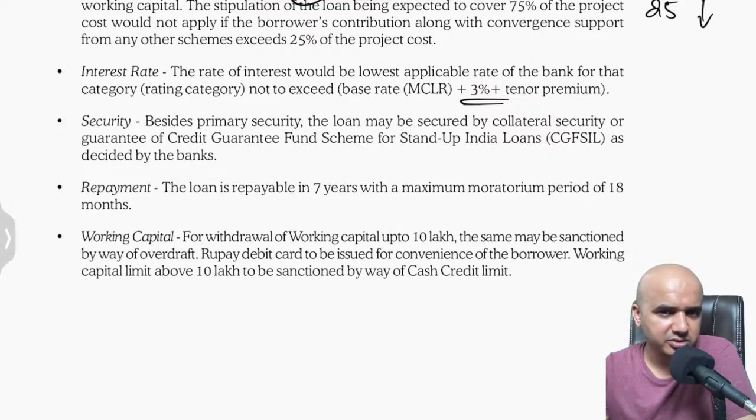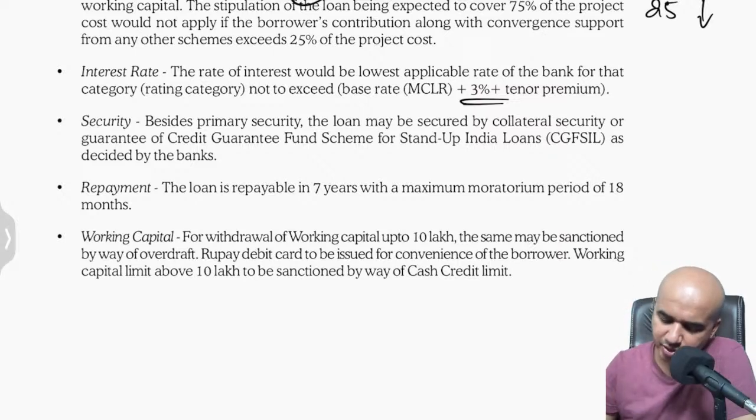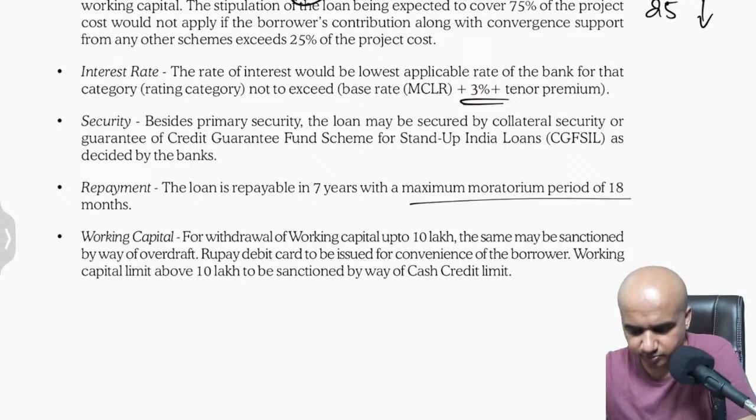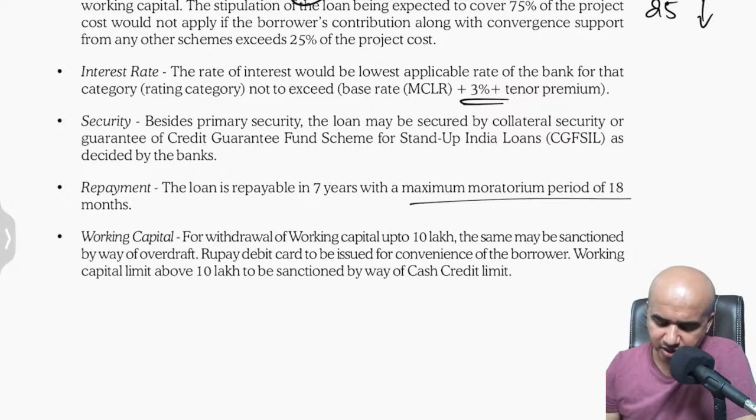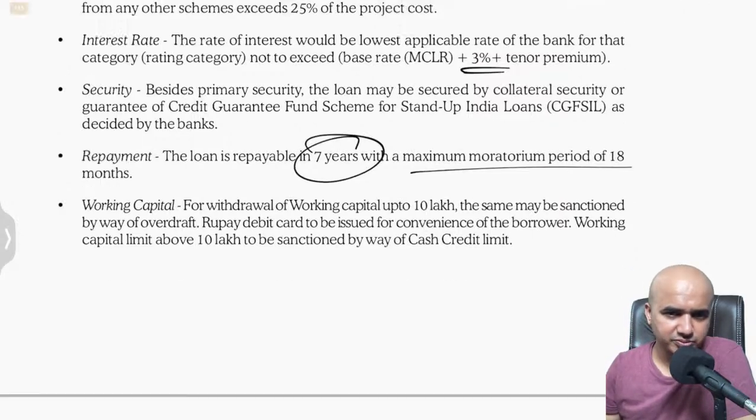They can take up any other collateral security if they wish to. The loan is repayable in 7 years with a maximum moratorium period of 18 months. Moratorium period means the period when you don't have to pay the loan, or where they'll say you pay after so many months. But the entire loan has to be paid within 7 years.